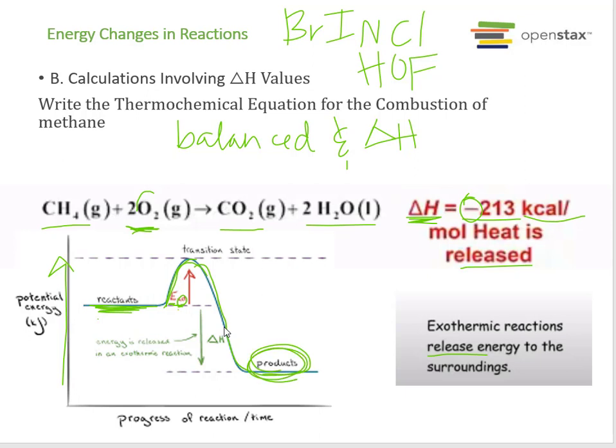So they have a lower energy than where my reactants started. And this difference between the reactant and the product, see how it went down. So that's a negative, telling me that it's exothermic. This delta H went down, so it's negative. It is giving off that heat. So the heat of reaction, the delta H, is negative, telling me that it's exothermic.